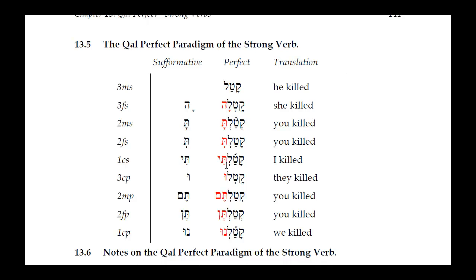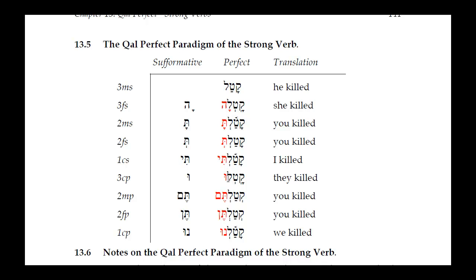So that's a good little way to associate that here, the first common singular in the type 1 pronominal suffix, except the only difference is you have the tav hireq yod here.